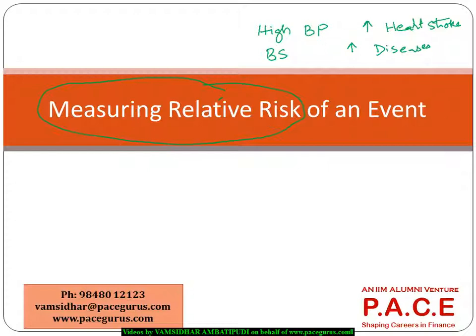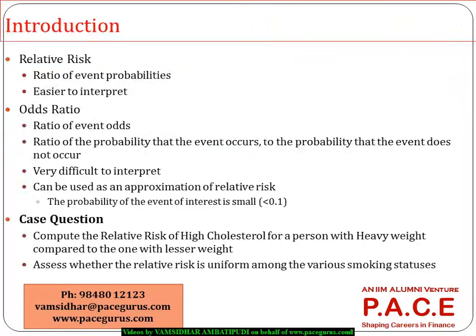Or to put it well, what is the odds ratio for getting a heart stroke between a person who has high blood pressure versus a person who does not have high blood pressure? Some such kind of things. What is the risk of X in comparison with some other variable?